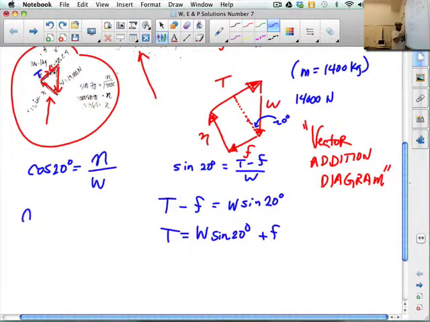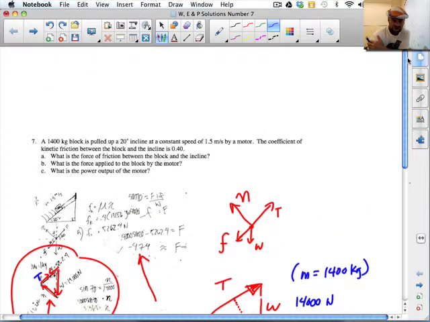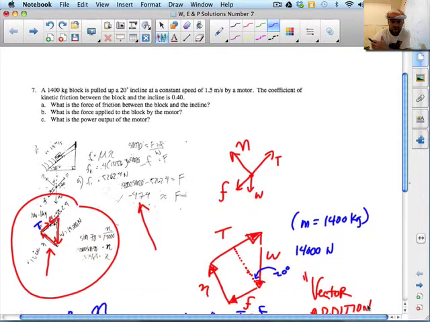So normal force is going to be my weight times cosine 20 degrees. Okay, so then friction is going to be, I think the coefficient is given as, let's scroll to the top, see what the coefficient of friction is. This is a kinetic friction, it's 0.4, okay.